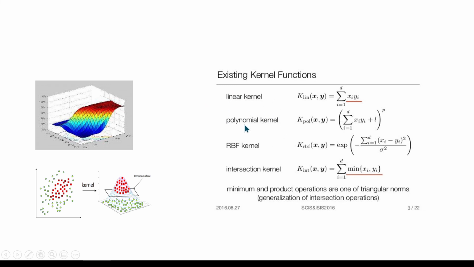And you have a polynomial kernel. If you apply a polynomial kernel, this is how it goes. You have the p at the end, which means you have the polynomial term, and then the radial basis function is this one, the Gaussian equation. And there are multiple other kernel types that you can apply.